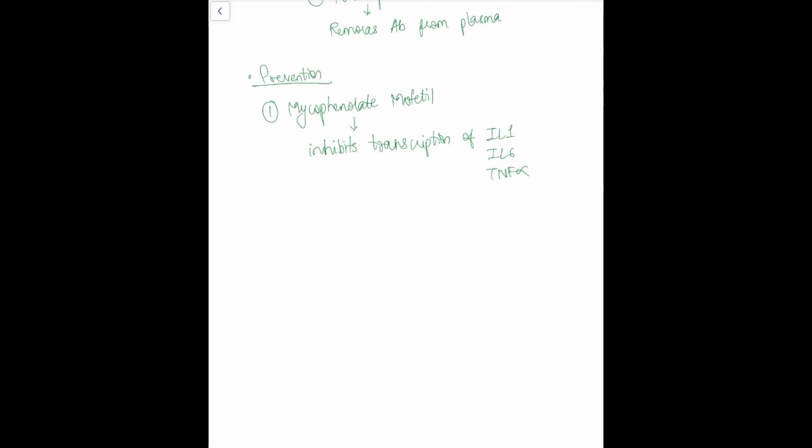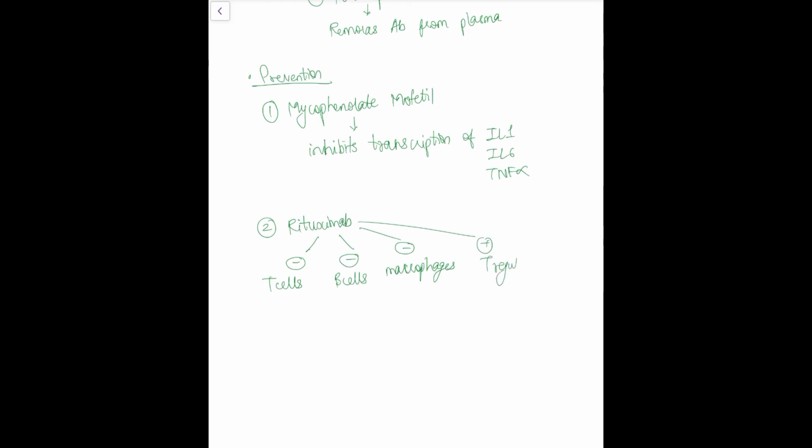And the second one that you can give is rituximab. Rituximab will suppress the T cells, it will suppress the B cells, it suppresses the macrophages, but it stimulates the T regulatory cells.